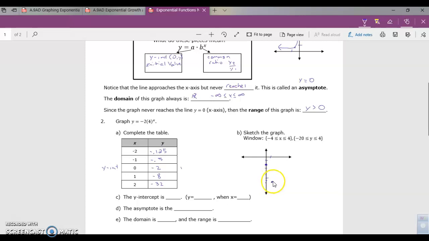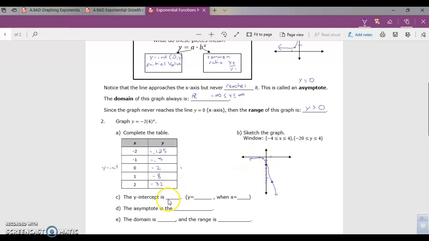Not exactly equally spaced, but that's okay. And then at -1, we're at 0.5. And notice how we're getting really close to this x-axis here. So I'm just going to start kind of connecting these points together. And it's not great, but it's something. Okay? You kind of get the idea.